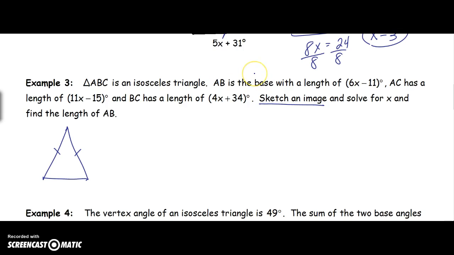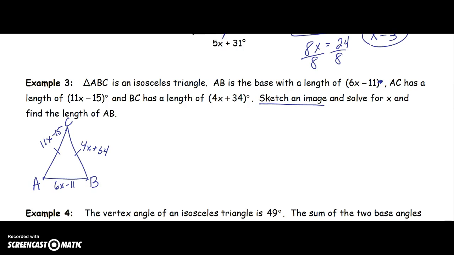So AB is the base, and if you think back to the base, it's that third side that's not congruent, so we can label that AB, and it's got a length of 6x minus 11. AC has a length of 11x minus 15, and BC has a length of 4x plus 34. So see how it is easier to draw out the picture so you can kind of see what you are doing.